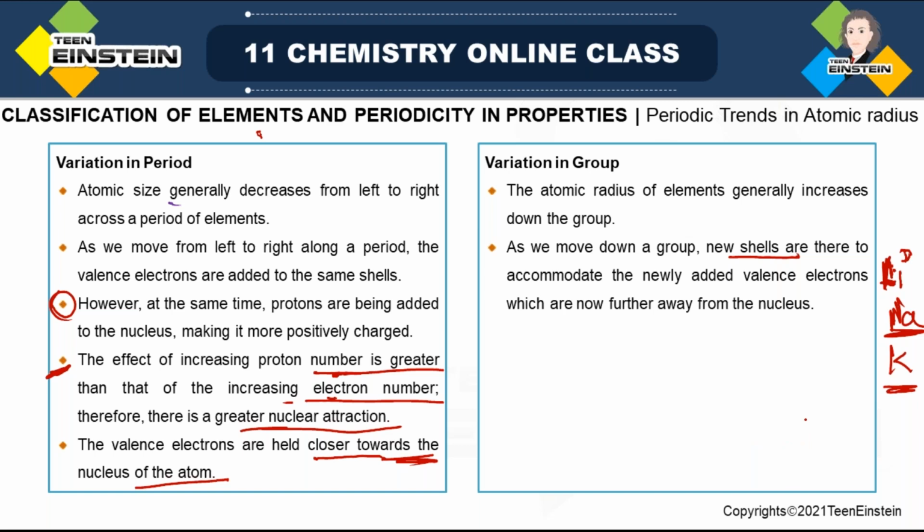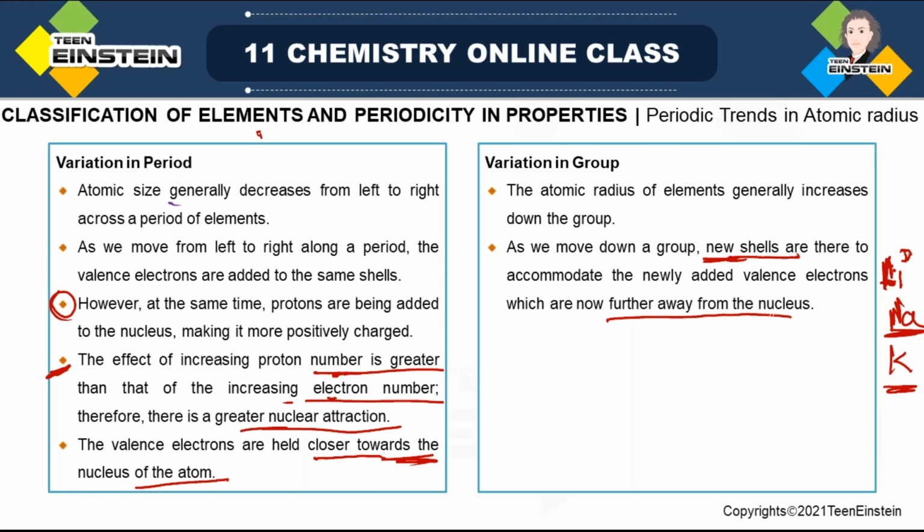Because of this increase in principal quantum number, new shells are added. Why added? Because they will accommodate these newly added valence electrons. So when new shells are added, obviously they are further away from the nucleus.